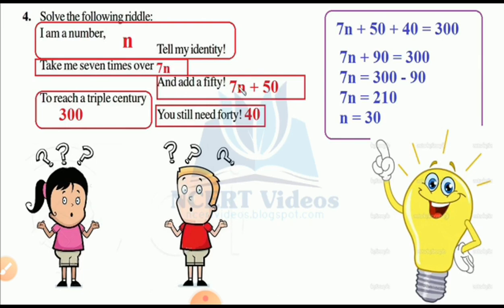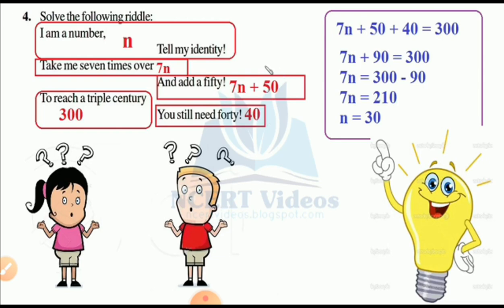Add 40 on the left side. Here the left side confuses boys and girls, students. But the right side you have the answer, 300. 7n plus 50 plus 40 is equal to 300. Will you simplify yourself? Step by step you have to move. Do one step at a time, not all together.